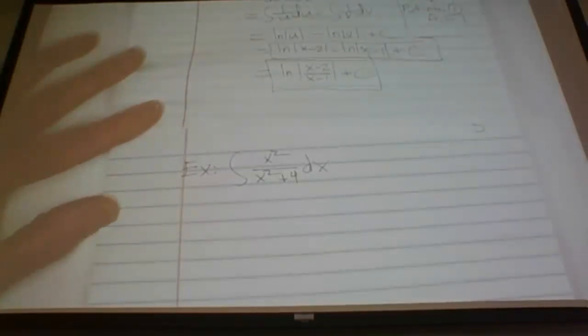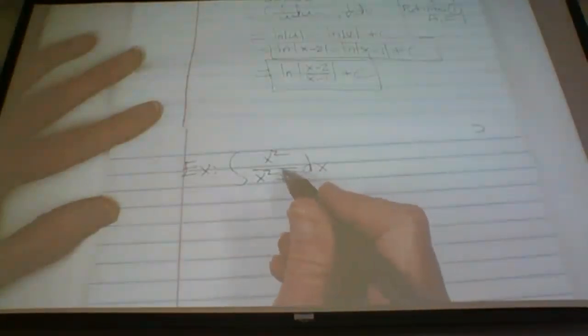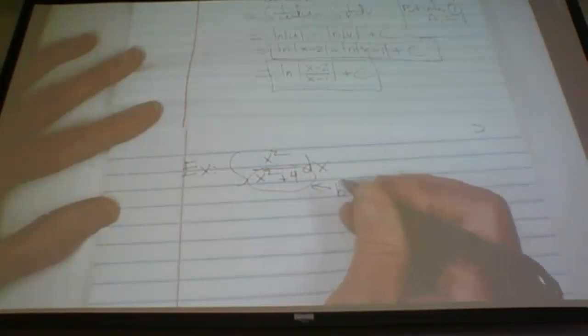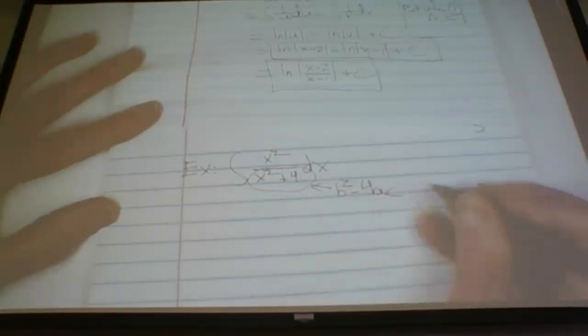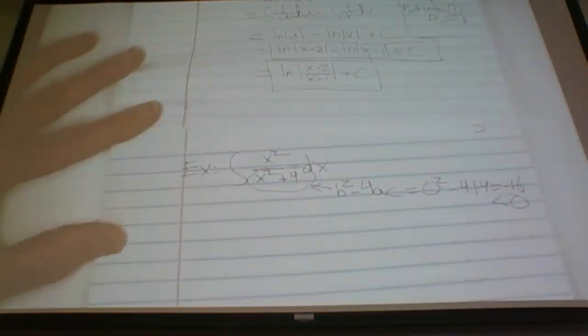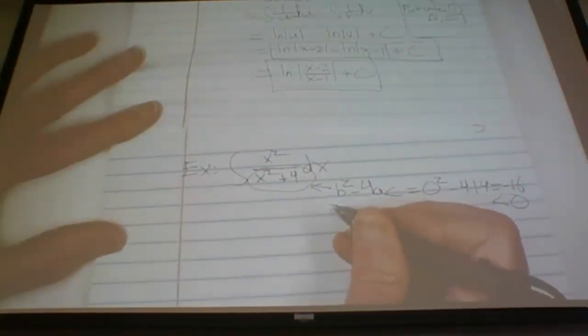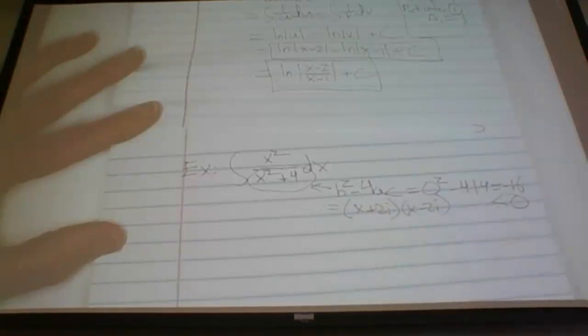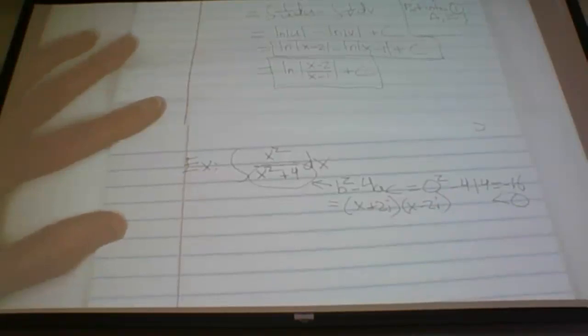Can I use partial fractions? The answer is it's already in partial fractions form, right? The denominator is already irreducible. How do I know that? B squared minus 4AC is 0 squared minus 4 times 1 times 4, which is negative 16, which is negative. So this doesn't factor any further over the reals. In fact, if you use complex numbers, it's x plus 2i times x minus 2i. How about that?